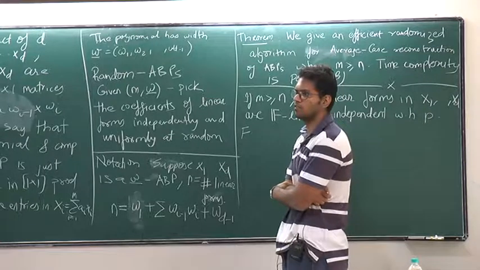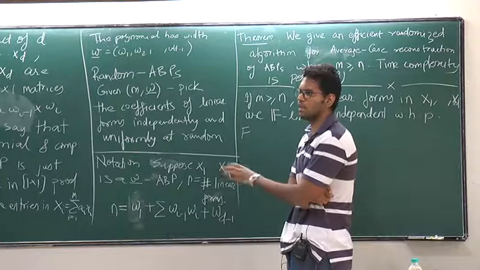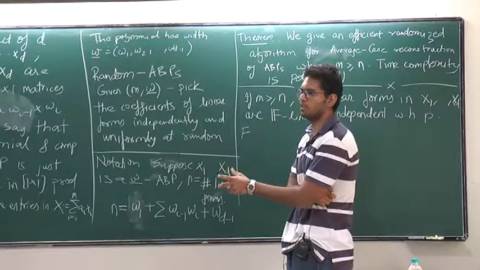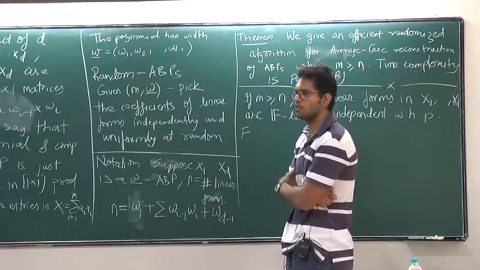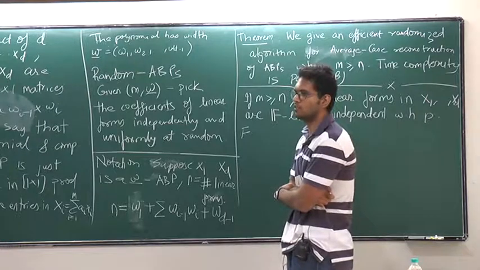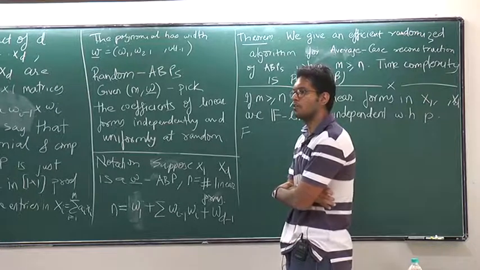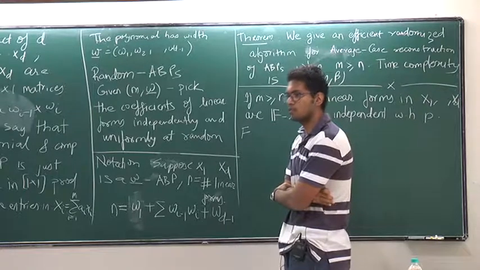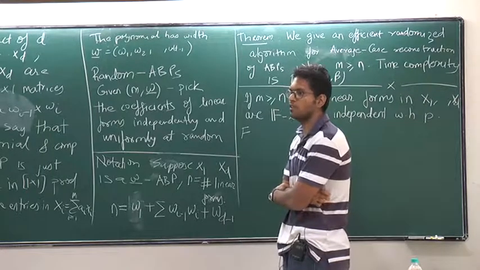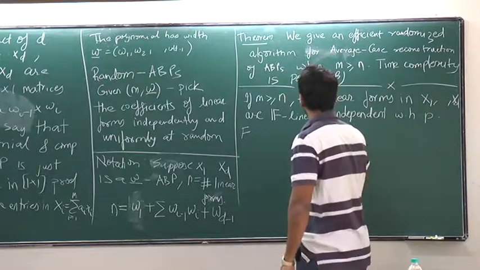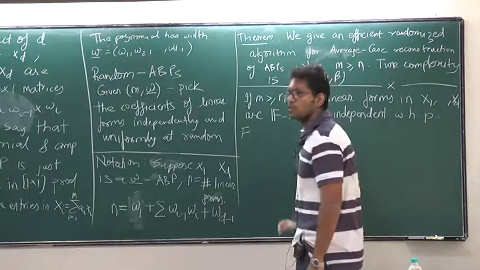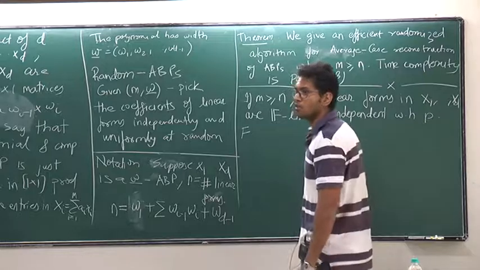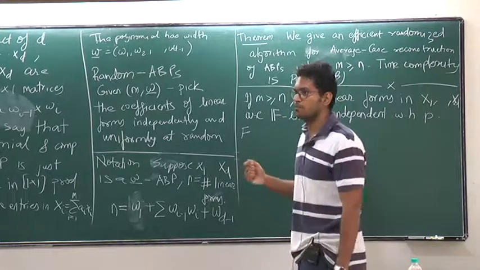So that's why I fixed the bit length, even when it's rational numbers. No, you are sampling linear forms only from this bounded coefficient. Your coefficients are bounded by 2 raised to gamma, right? But which are the linear forms which are independent? The ones which you have randomly picked.